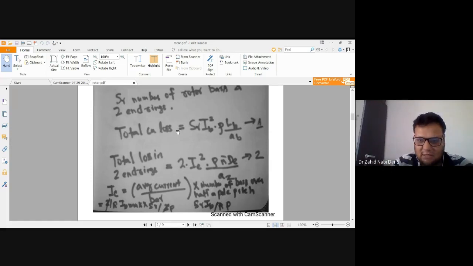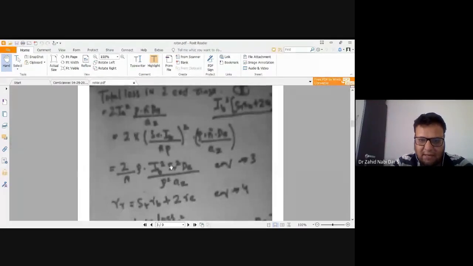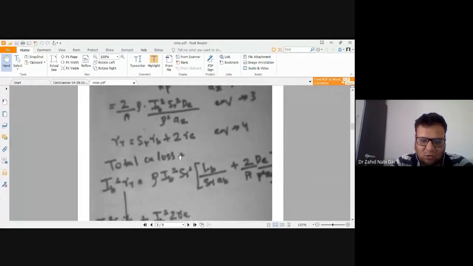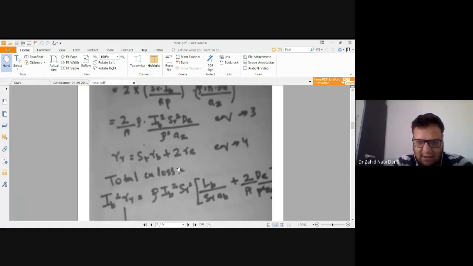So your equation 1 plus equation 3, you combine and you will get the total copper loss. Total copper loss is IB square into RR. RR you have seen, RR is stator slots into rotor bar resistance plus twice the resistance of the end ring.